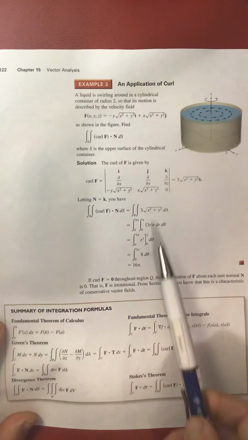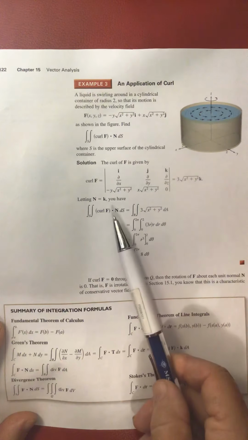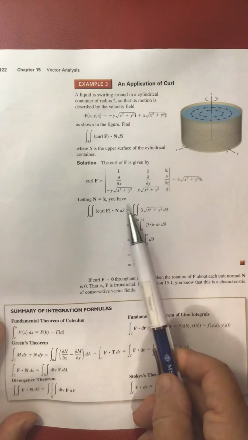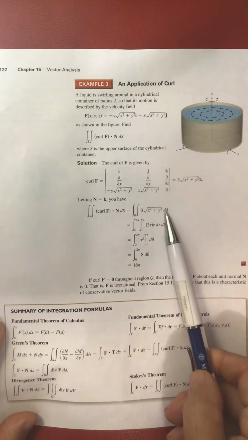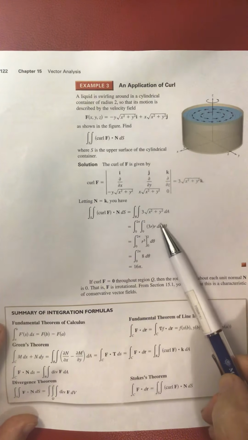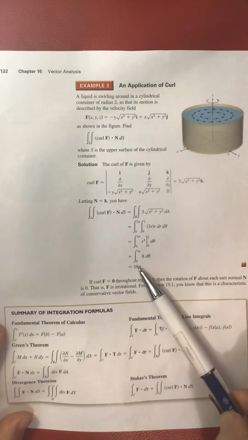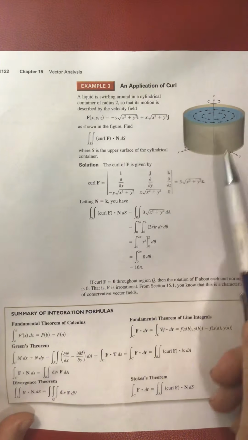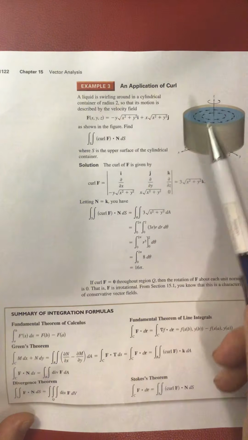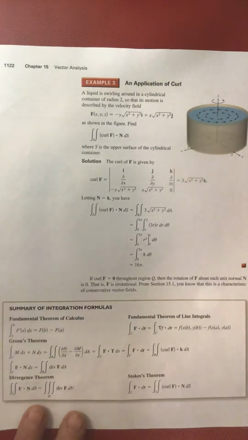There it is, just k. So n dS is going to be 1 dA, and we can come up with the result. Okay? Right? So this is the work done in doing the whirlpool, the work done.